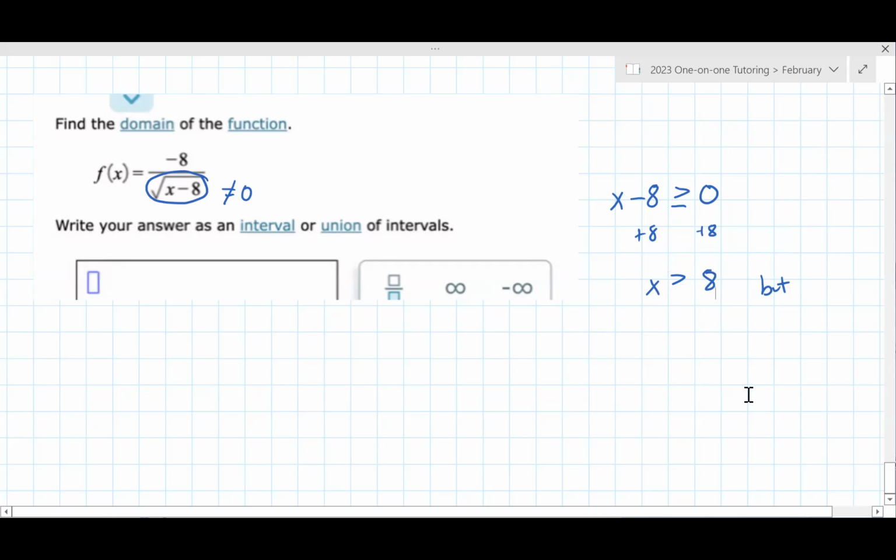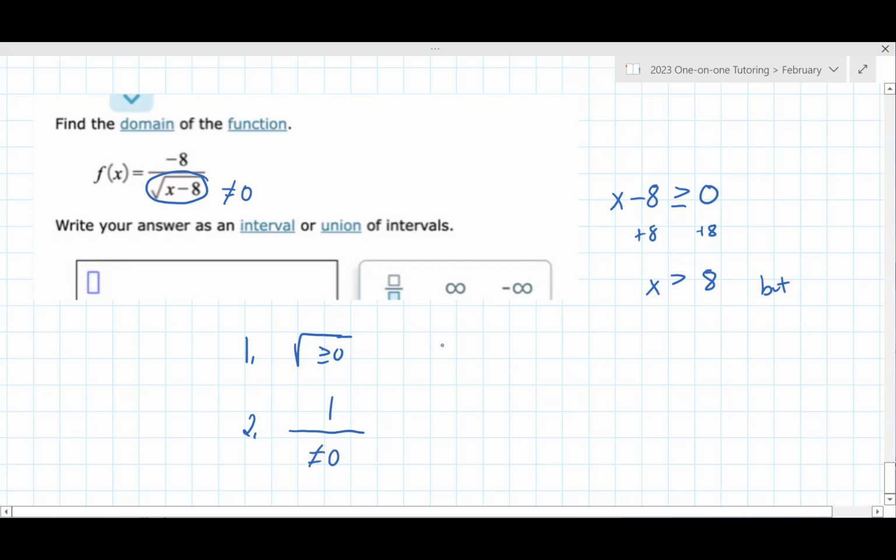I'm a little confused. So there are two pieces here. The first is that the square root has to be greater than or equal to 0. But the second part is that the bottom of the fraction cannot equal 0.